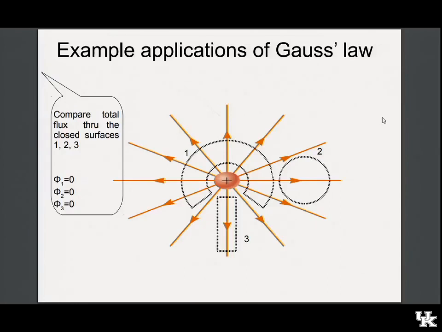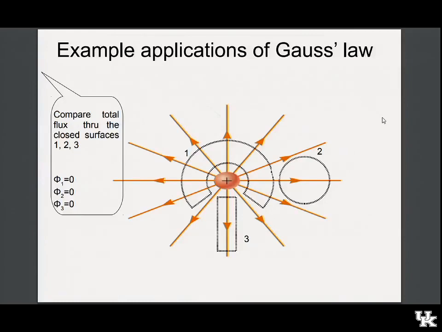They are in the electrical field of that positive charge, which creates field that passes through those surfaces. But the net total flux through those surfaces in each case is 0 because that charge is outside of those surfaces. It's not inside those surfaces.